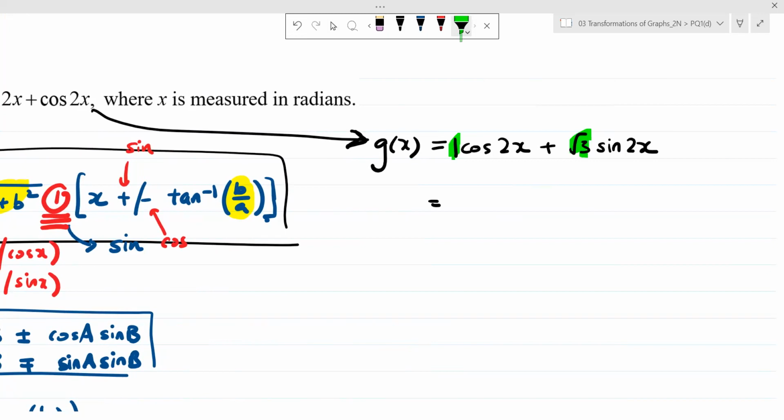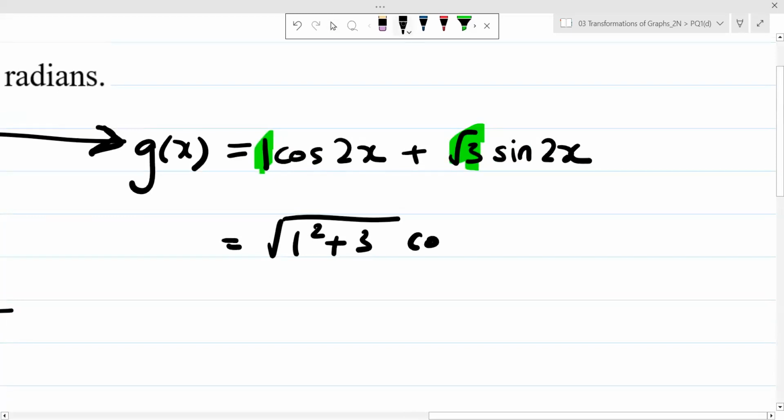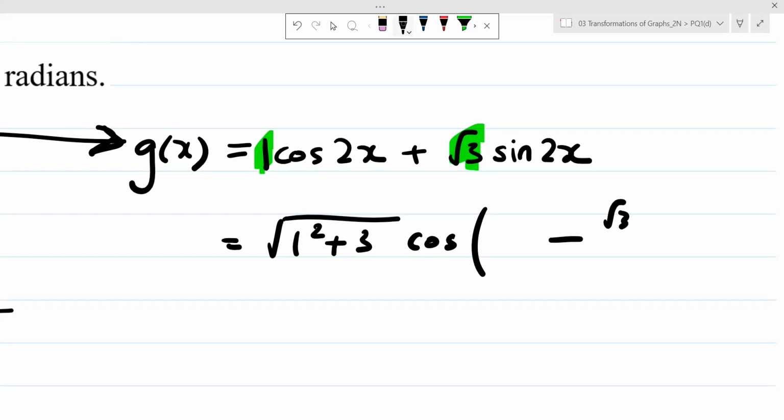Square each of them, add them, take the square root. When you square the square root 3, please remember it's just 3 and not 3 squared. If not, you will get into a lot of trouble. Next, take the coefficient of the second one over the first one. Then take tangent inverse.